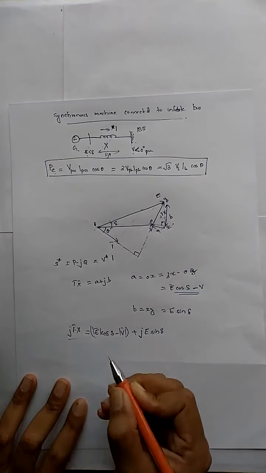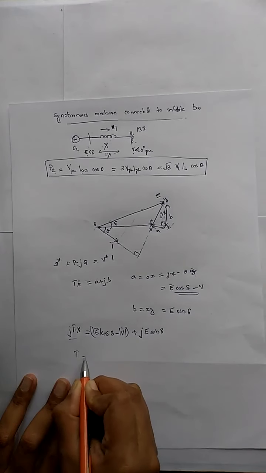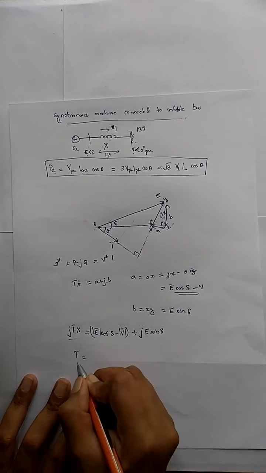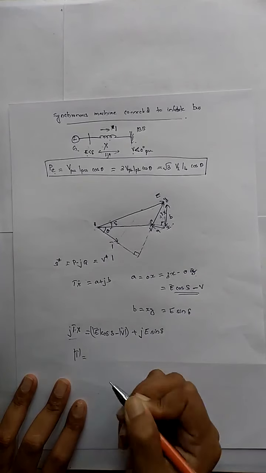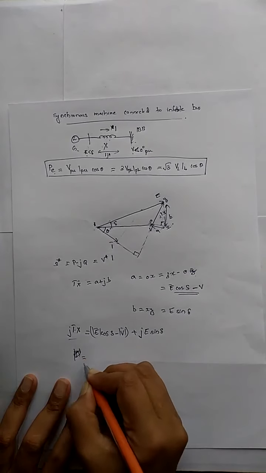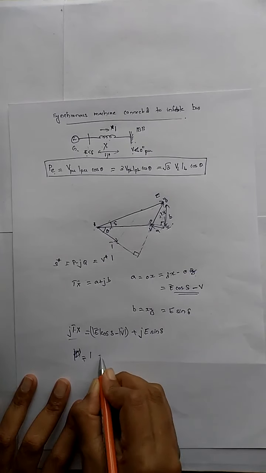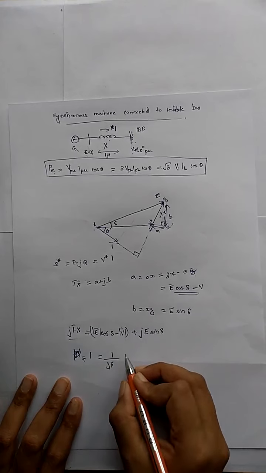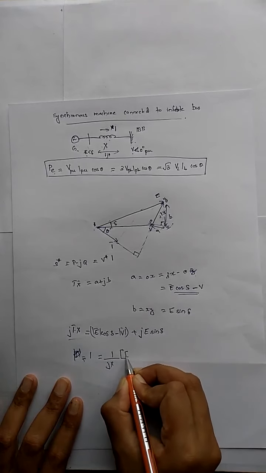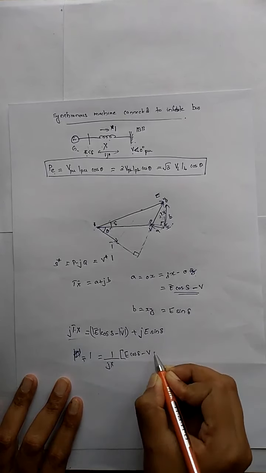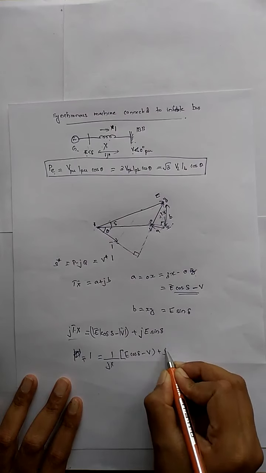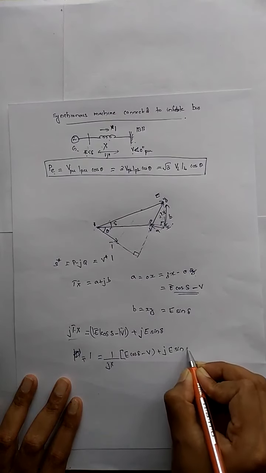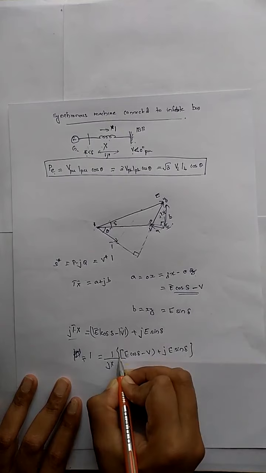Here what I have to find out is the current value, isn't it? This phasor value I have to find out, the magnitude of the current. For finding out the current value, I am using 1 by Jx into bracket E cos delta minus V plus J E sin delta. Okay, so this is the equation.